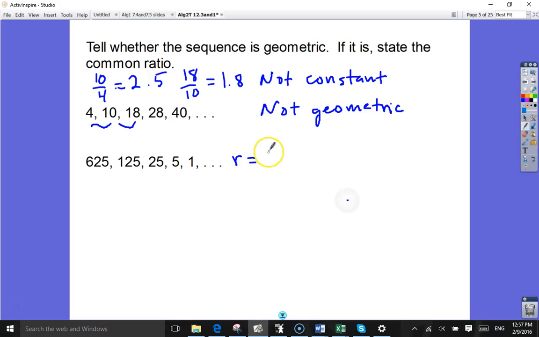It's 1/5, right? 125 over 625 is 1/5, right? And it's the same if I do 25 divided by 125 or 5 divided by 25, all the way down the line. So it is constant.